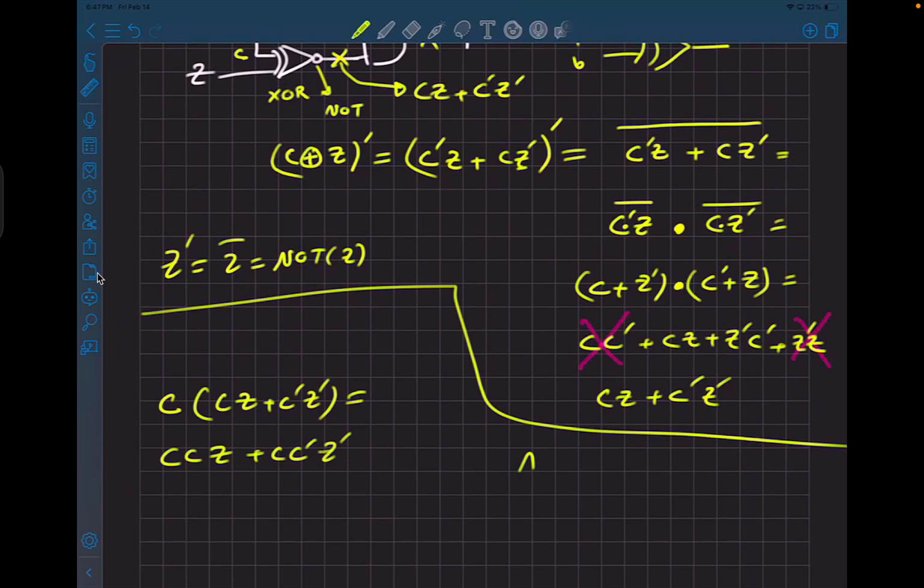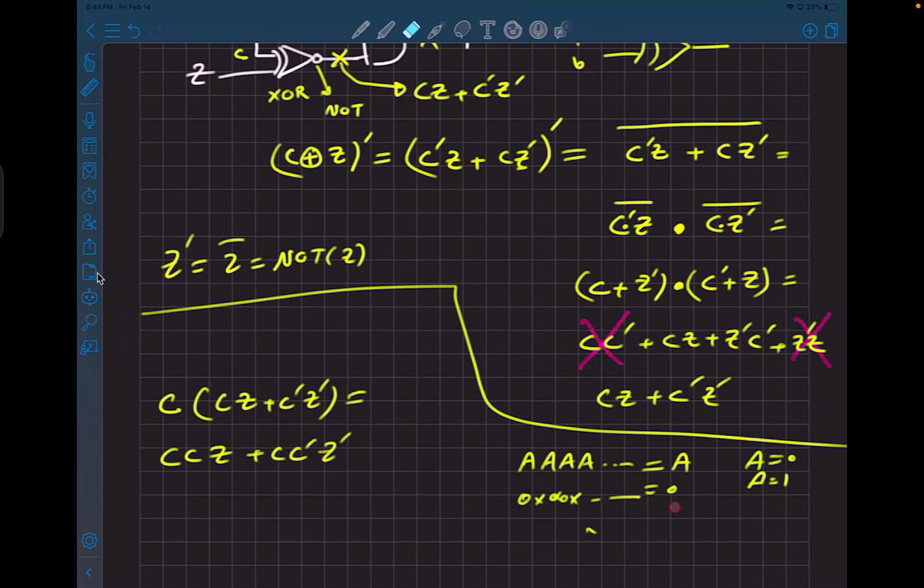If you multiply or AND an element with itself for any number of times, it equals to that element. Because again, A is either 0 or A equals to 1. If A is 0, this is multiplication of all zeros, which is at the end 0. If A equals to 1, this is multiplication of 1s. So then I have 1.